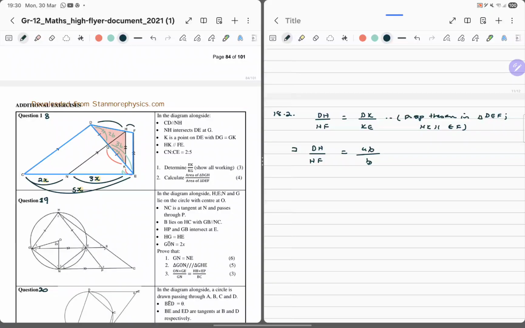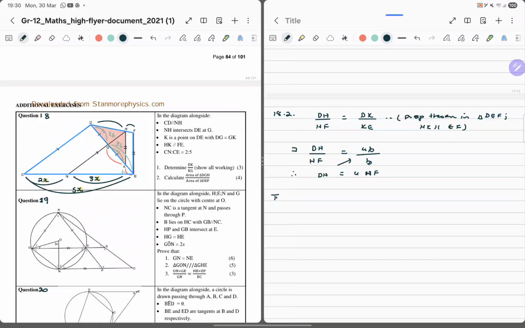That one is done. And so what is next? We can then conclude, if we cross multiply there, that DH is going to be equal to 4HF.